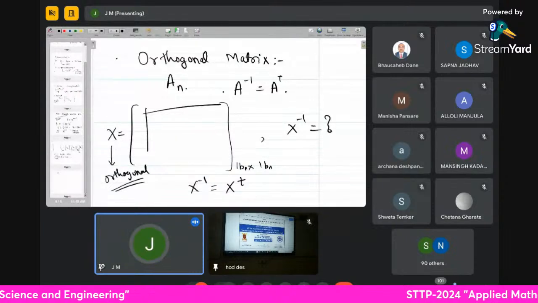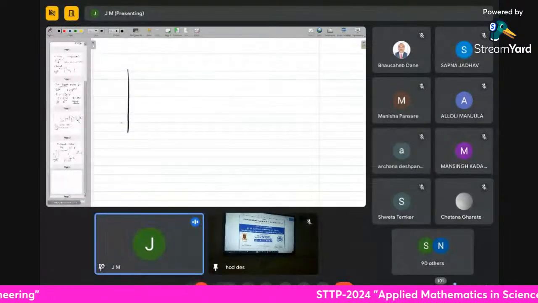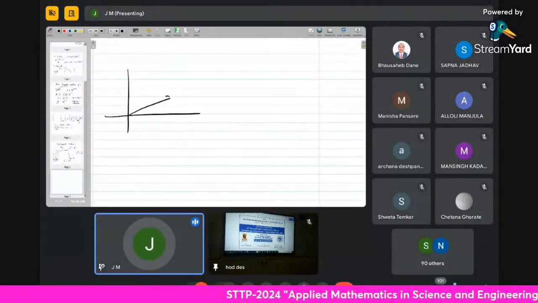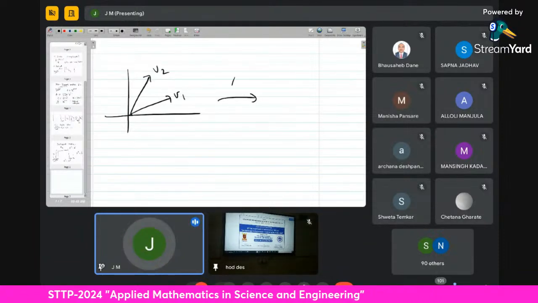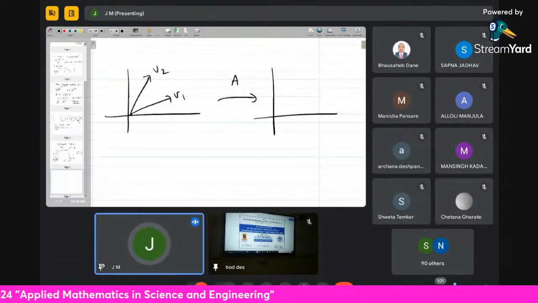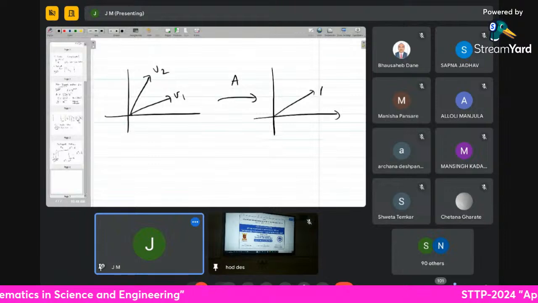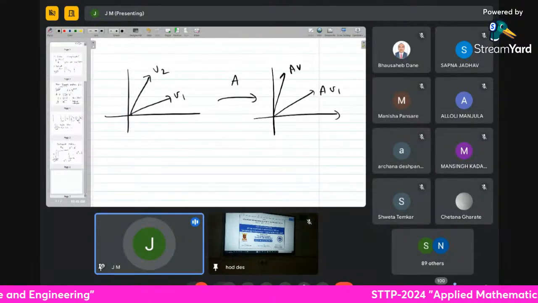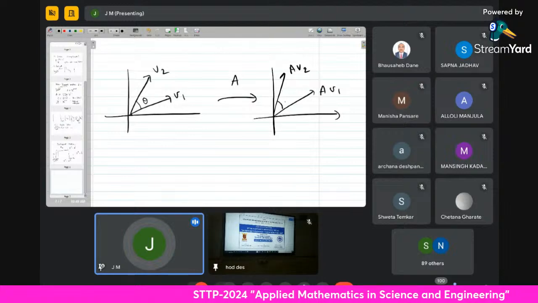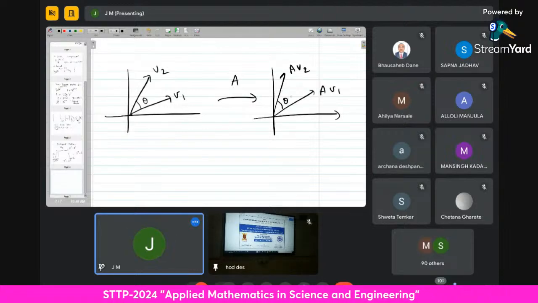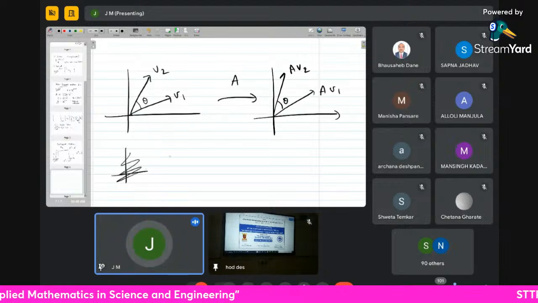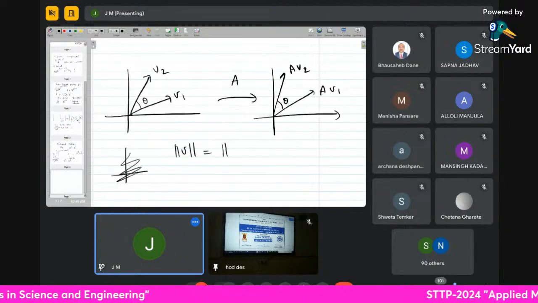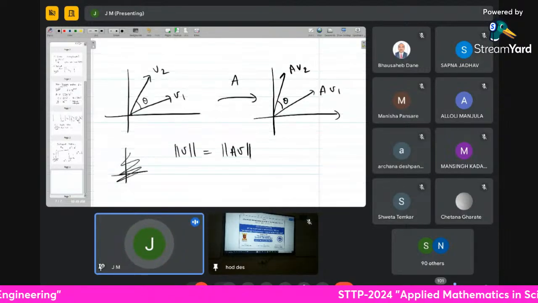Another reason being, an orthogonal matrix always preserves the angle between vectors. When you apply the orthogonal matrix to V1 and V2, if theta is the angle over here, here also you have the same angle. That means angles are preserved, and the lengths of the vectors are also preserved under orthogonal transformations.